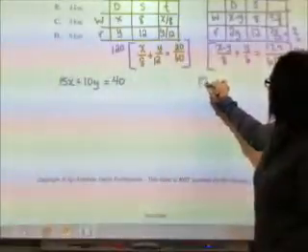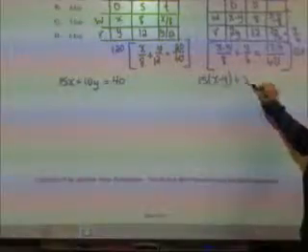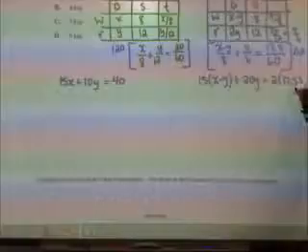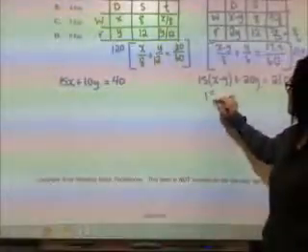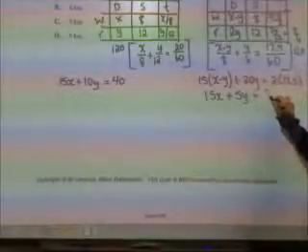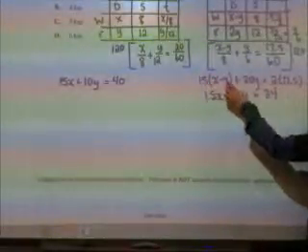So I get 15 times x minus y plus 20y equals 2 times 17.5. So I get 15x plus 5y equals 34. And it's 5y because I get negative 15y plus 20.